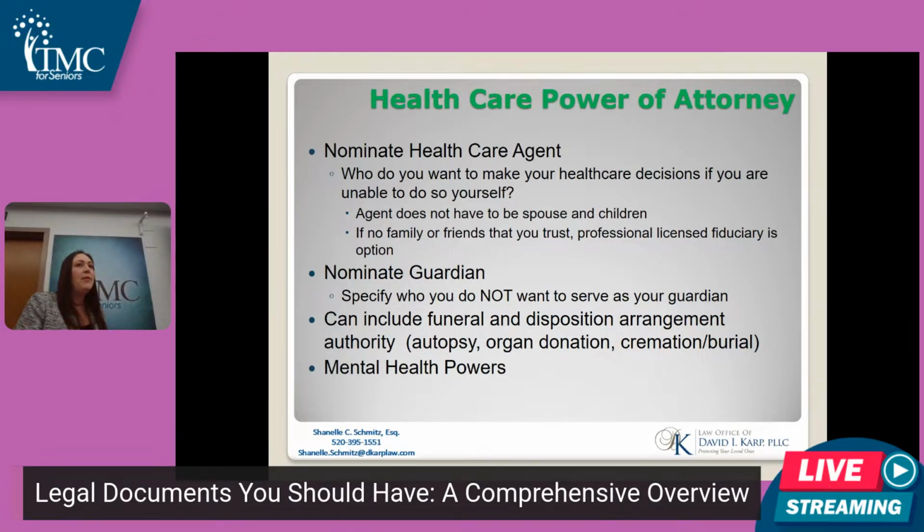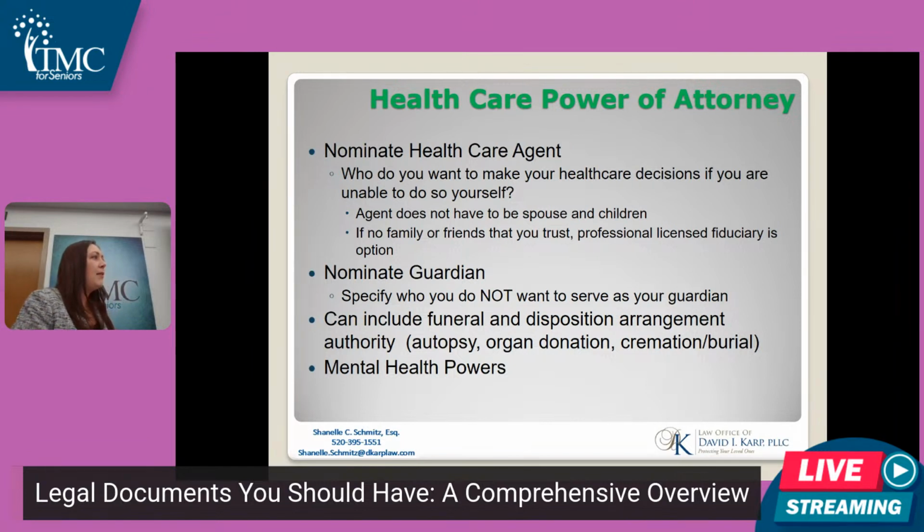What I like to advise is it needs to be someone who you're comfortable with making those hard decisions about your health. You want to make sure that they're willing to make the decisions as you want them to be made. So if you're naming a child, it's more important that it's a child who can handle that responsibility versus going based on birth order.